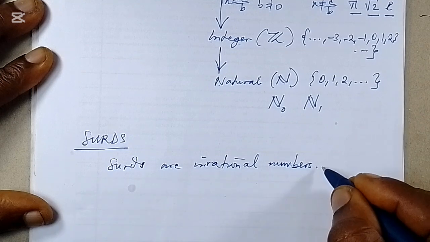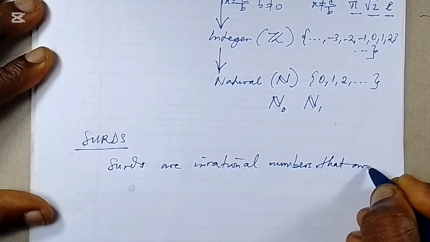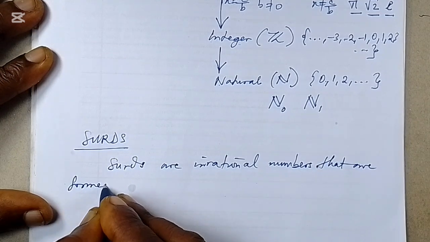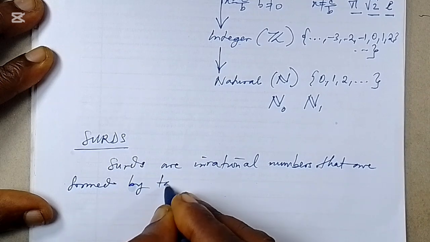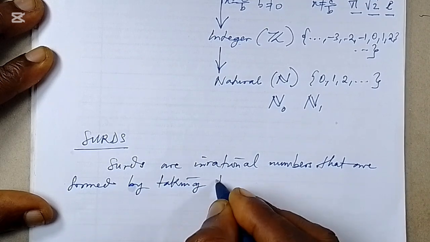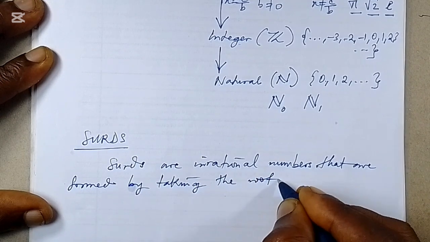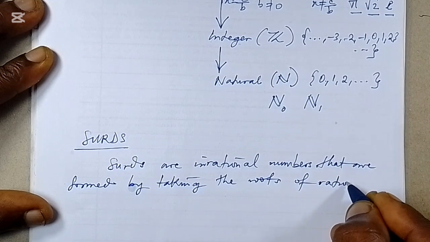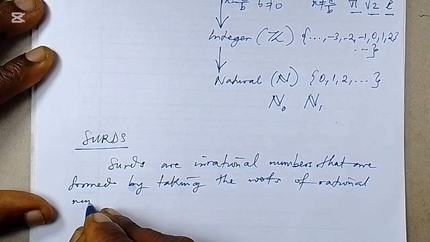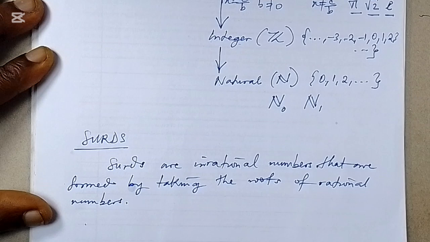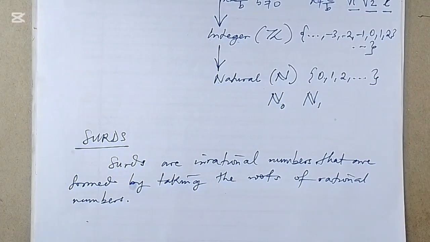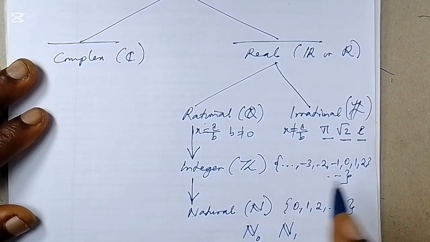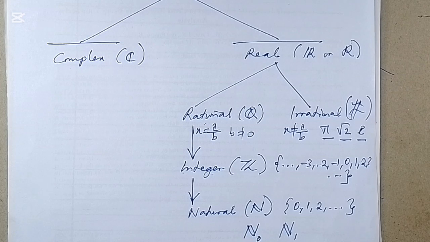Surds are irrational numbers that are formed by taking the roots of rational numbers. So it means that in the irrational number system, there are a group of irrational numbers we call surds.